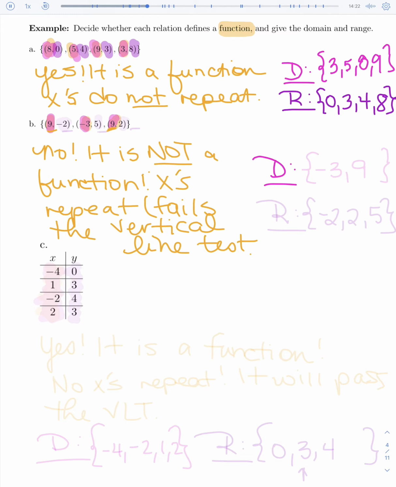It's just a bunch of points. So when I do my list notation, my set braces here, I only need to include the -3 and the 9. I know that the 9 appears twice, but once the possibility is in my list, it's already in my list. I don't need to include it again. So be careful. Don't write things in your list twice. It's like double counting. You don't need to do it.